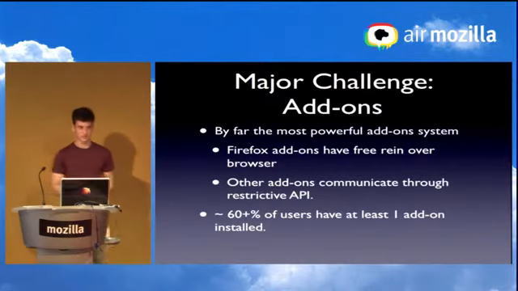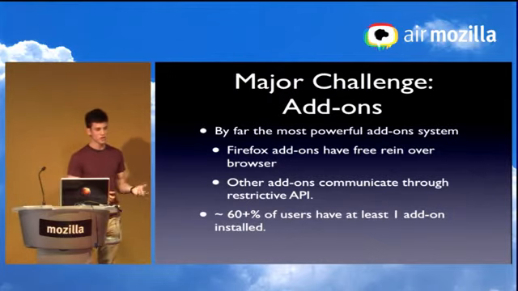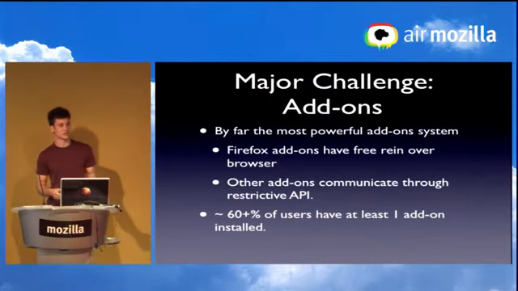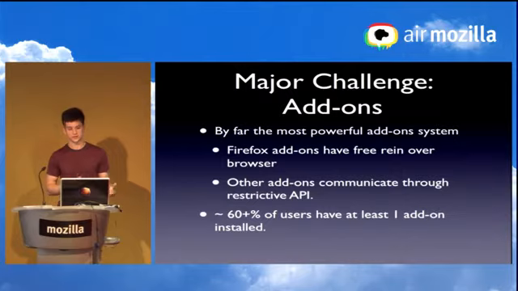The reason for that is because Firefox add-ons are the most powerful add-ons of any browser. They have complete free rein, and if you install an add-on in Firefox, it's hard to tell what is Firefox and what is the add-on. Other browsers are able to implement sandboxes much more easily because they have APIs, and their add-ons can only access resources through these APIs.